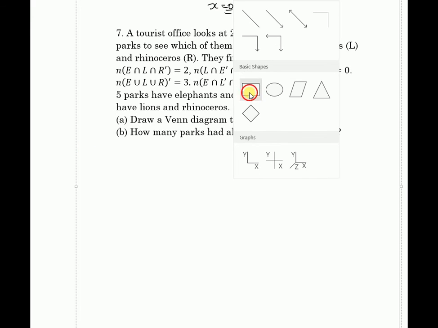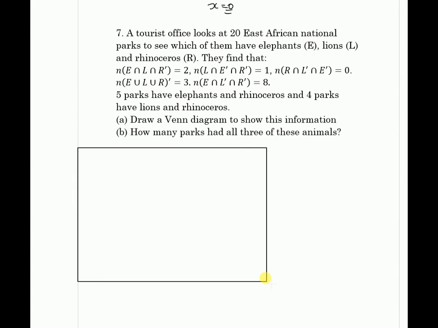Oh, snaps. Shall I just make a Venn diagram?